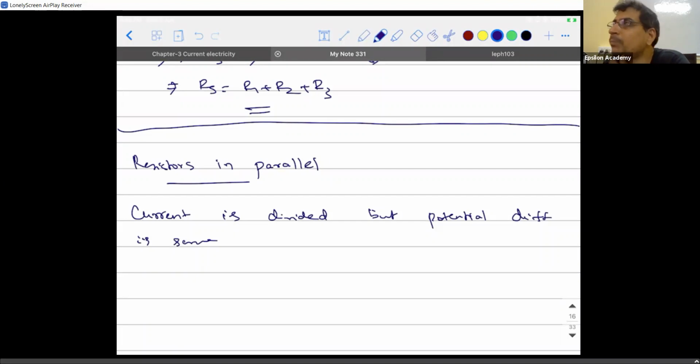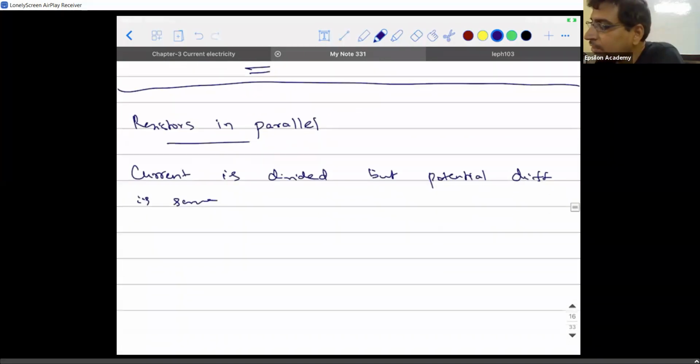So the input is very important. That is why we see all the devices are connected in parallel, so that all the devices receive the same amount of input. That is what is universally designed. So current is divided, but potential difference is going to be the same. Simple logic.